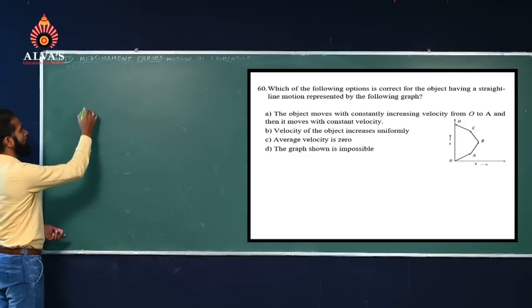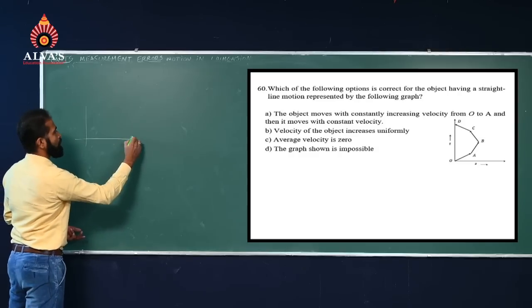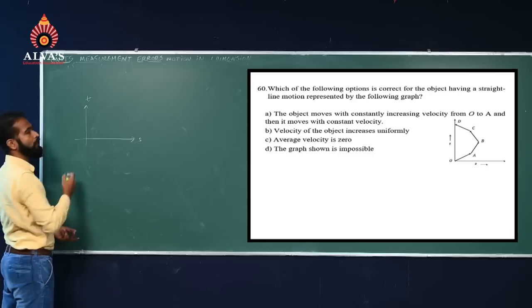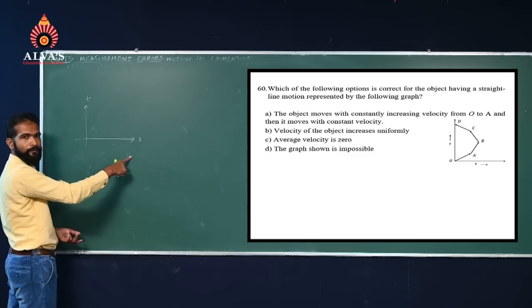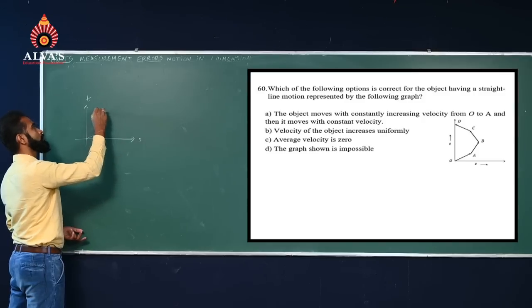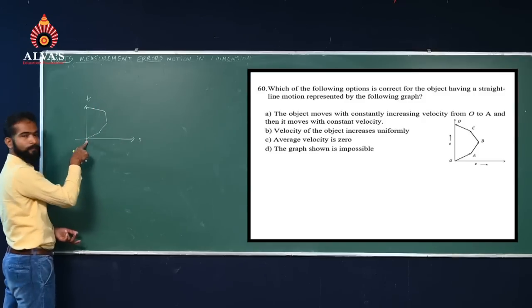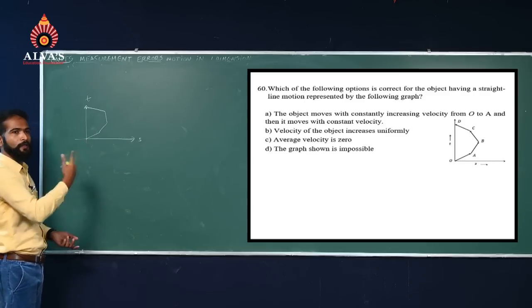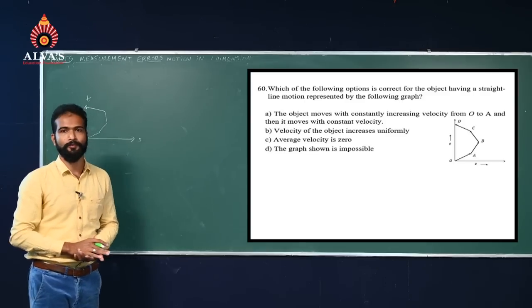If you look at the graph, along x-axis we have the displacement and along y-axis we have the time. It is not an ST graph, it is a TS graph. So the body starts from here, it goes to different positions, finally it reaches the same position. That means the displacement is 0. If the displacement is 0, the average velocity is also 0. Correct option is option C.